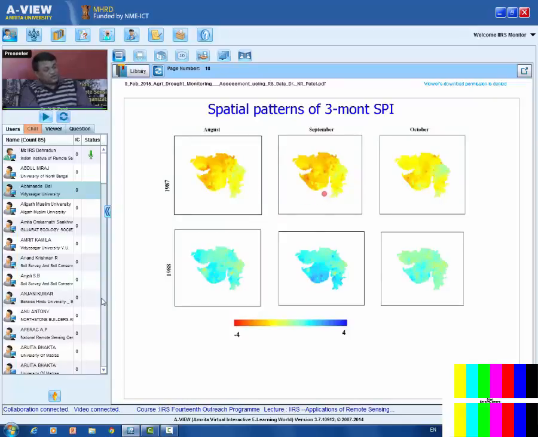Now you can also see it in geospatial form, after geostatistical interpolation of SPI, presented for the different months. The yellow color depicts drought condition. August, September, October, all months were under drought condition. But in 1988, all months were above normal, so it is in blue color. 1987 was mainly triggered by the El Nino phenomenon, and 1988 was influenced by the La Nina phenomenon, so above normal rainfall and below normal rainfall.